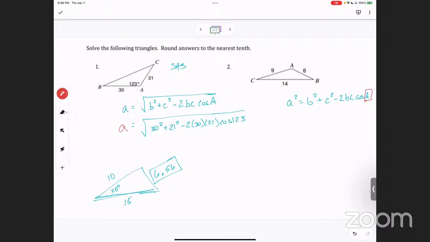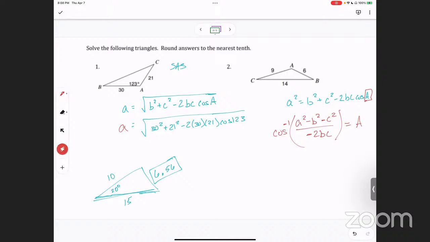To solve for A, I'm going to basically subtract everything out. So subtract the b squared out, subtract the c squared out, divide by the negative 2bc, and then take the cosine inverse of that entire thing, and that's going to give me my A. The only thing I have to do is switch those different letters depending on what I'm trying to get.